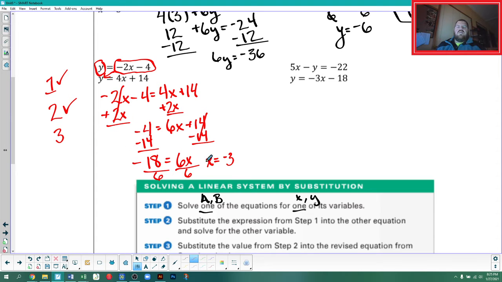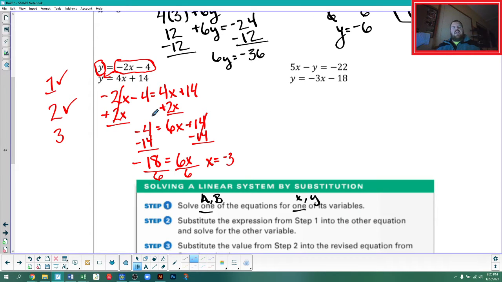Step 3 is going to be to take this answer and then use one of the equations that I have to figure out what y is. And there's a big advantage to using substitution at this point.